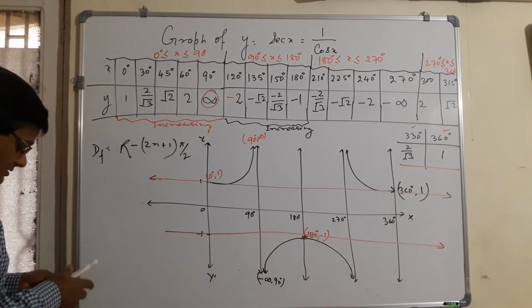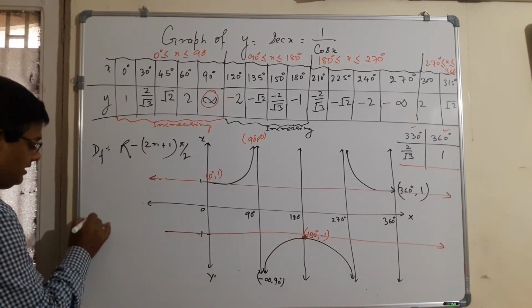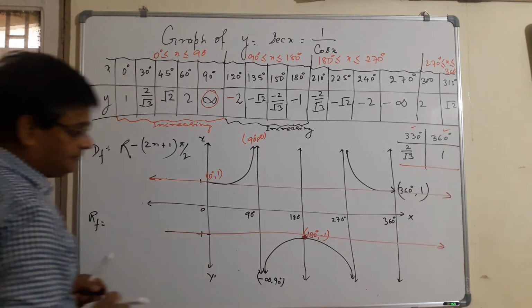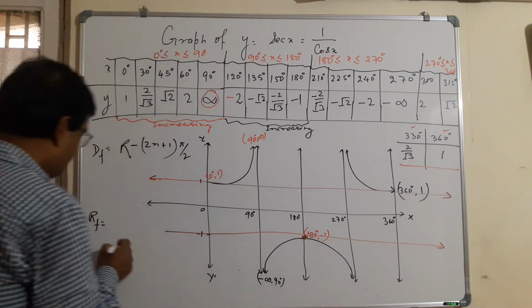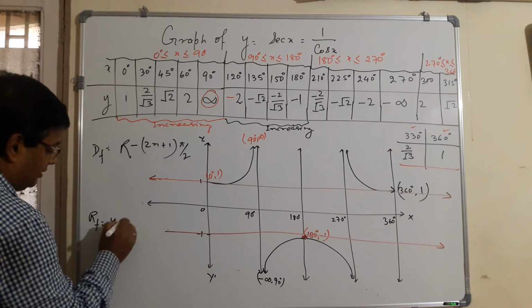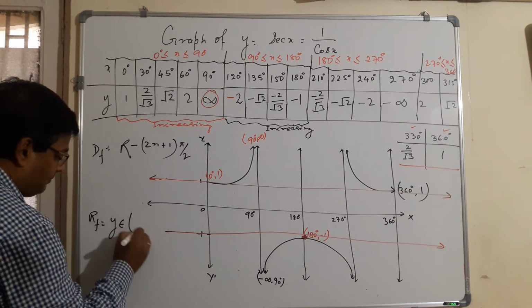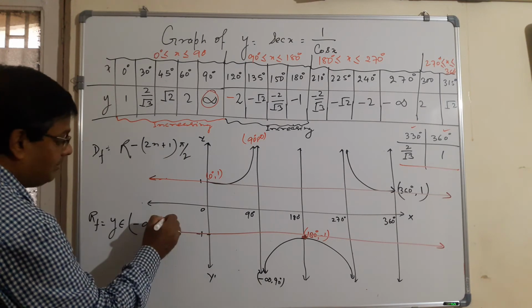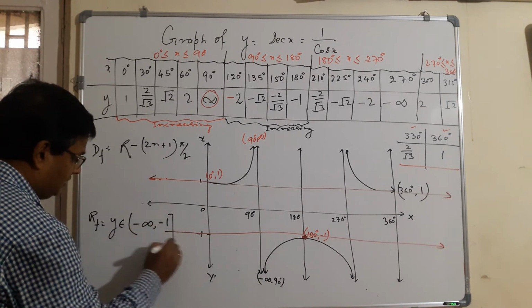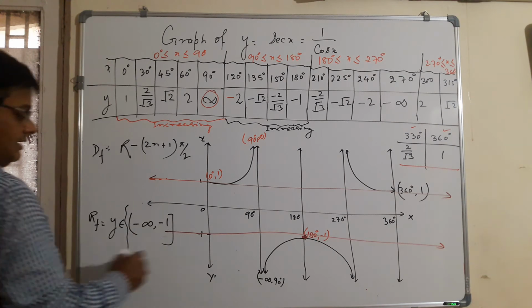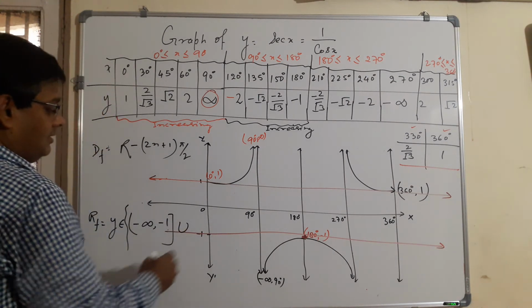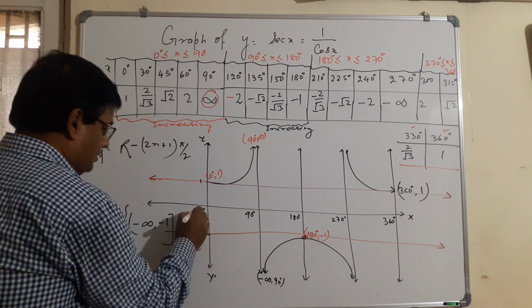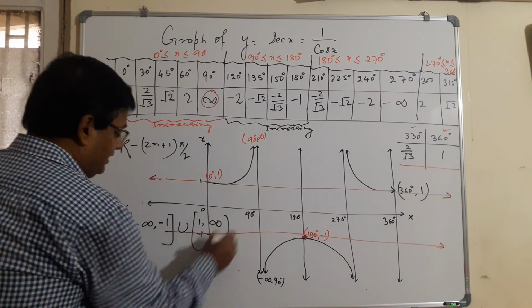And the range, see here, it is clear already. Range Rf is going from minus infinity. So y belongs to the interval minus infinity to minus 1, union 1 to infinity.